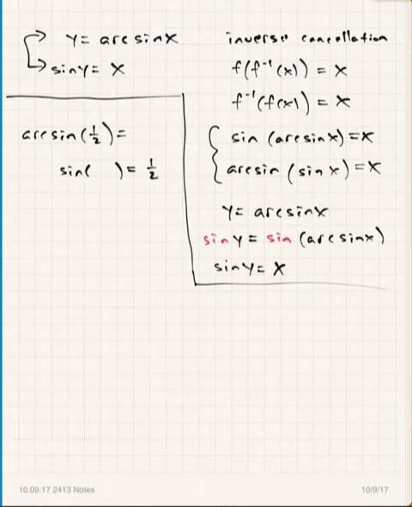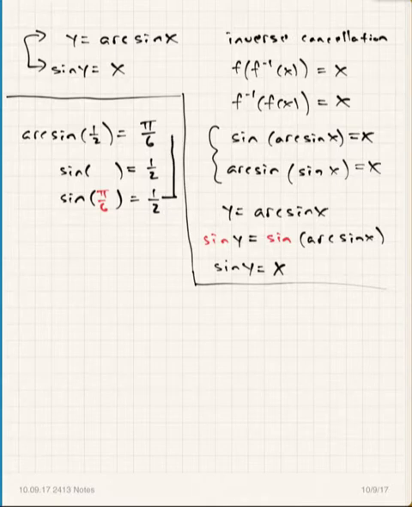We have to remember this is the restricted sine function, so we can only write in values from -pi/2 to pi/2. We know that the sine of pi/6 is equal to 1/2. So since the sine of pi/6 is equal to 1/2, we can write at the top that arc sine of 1/2 is equal to pi/6.